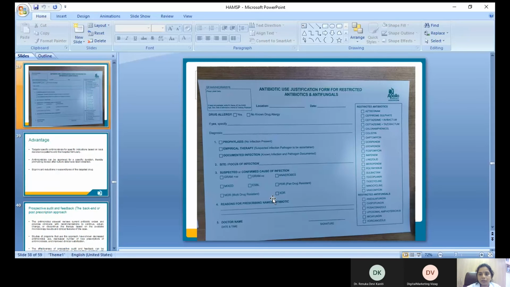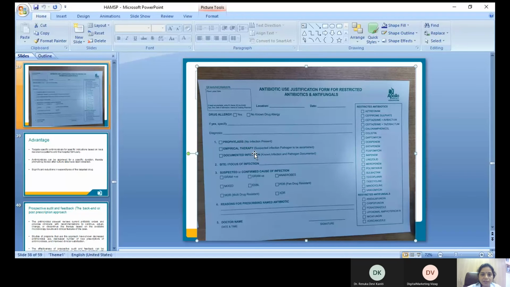It's commonly for antimicrobials which we want to keep under restriction. This is the form we are using in our hospital. This is commonly filled by our pharmacist, and the consultant prescriber will be filling this. This is a justification form. The need for the antibiotic is ticked here, whether the drug is used as prophylaxis, empirical or documented.